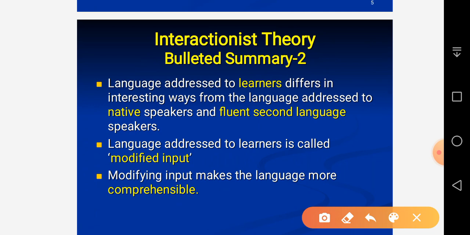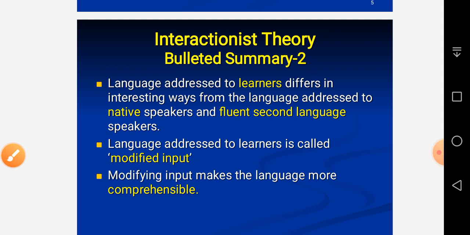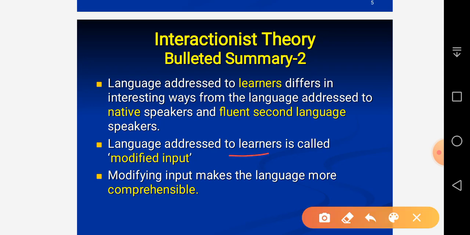Language addressed to learners differs in interesting ways from the language addressed to native speakers or fluent second language speakers. How is it different? Language addressed to learners is called modified input. And why do we modify this input? I'm going to explain that it makes the language comprehensible. These are very important terms. Comprehensible input means that if you are talking to a learner and your language is too difficult to understand, the learner will never catch the phrases or sentences.